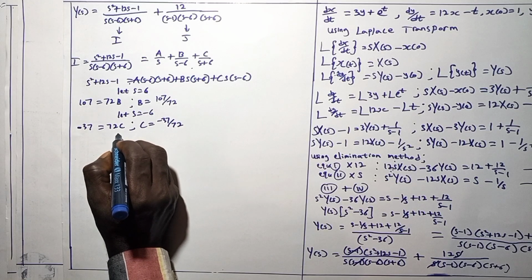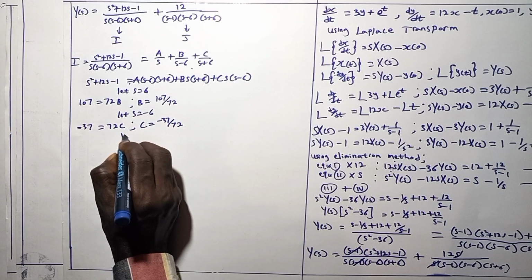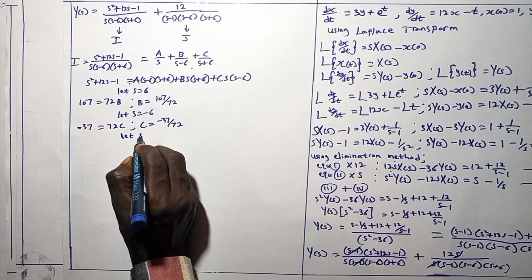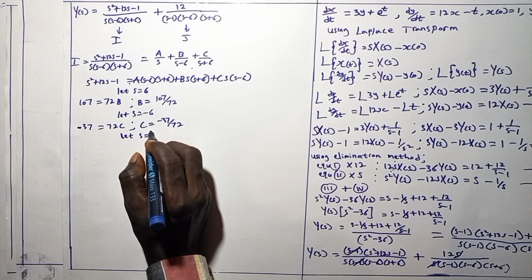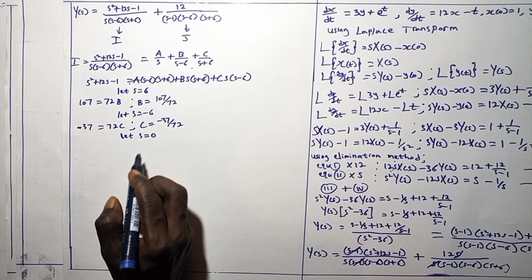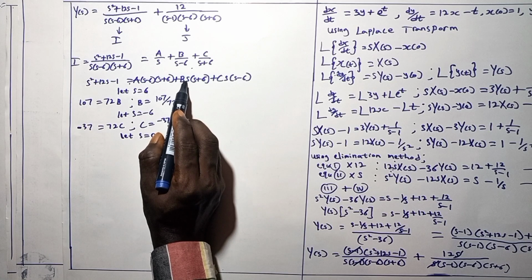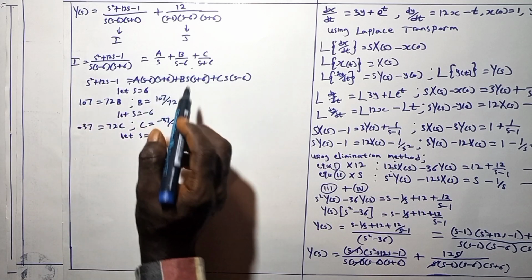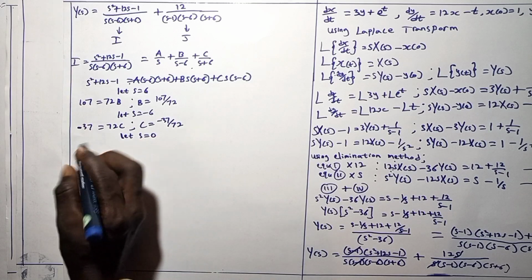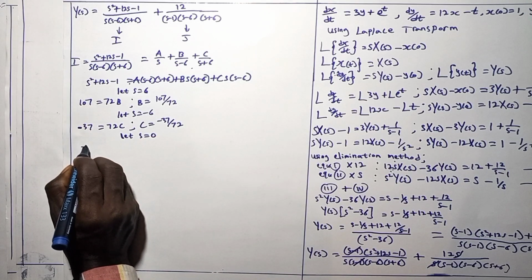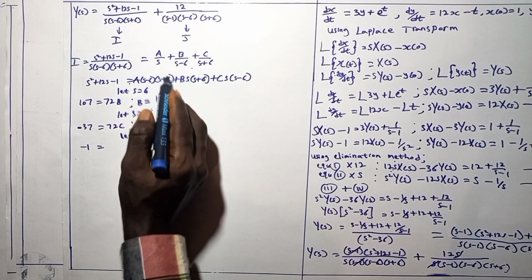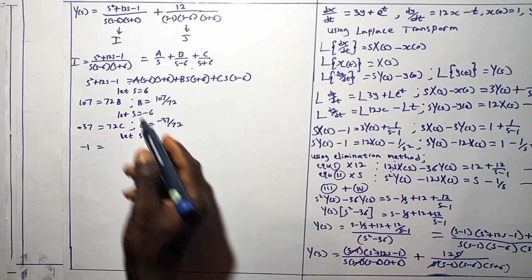So for A now, let s equal 0. Now s here is 0, here is 0, here is 0, so I'm left with this. Minus 1 is equal to, when s is 0 here, that is 6 times 6, then negative.